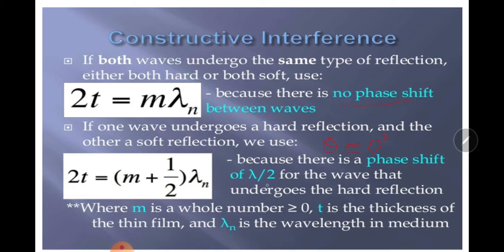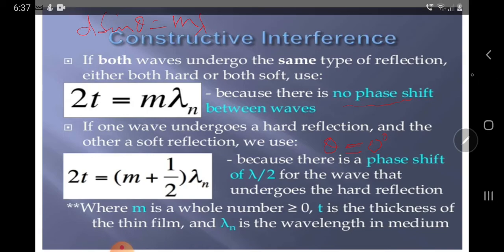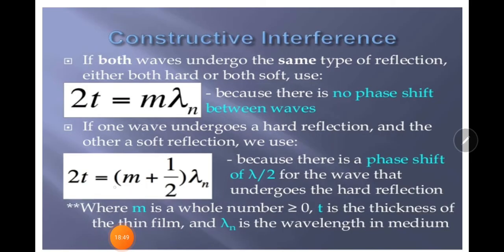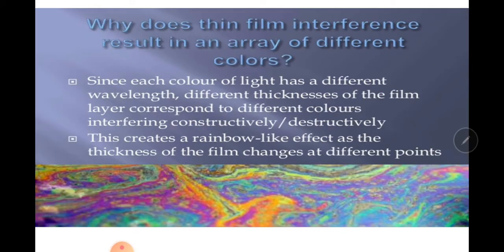And the condition is d sin theta is equal to m lambda for constructive interference.